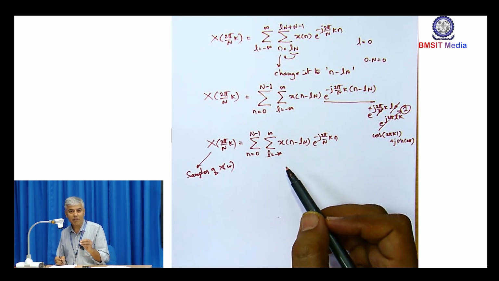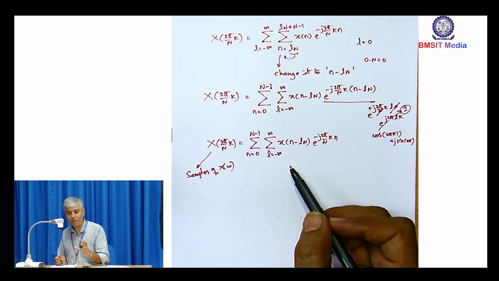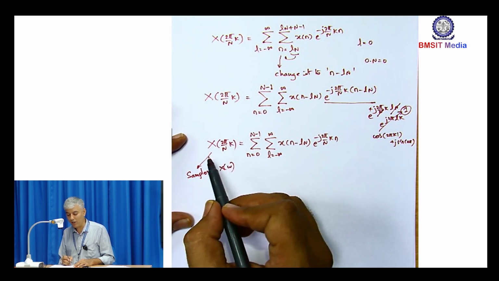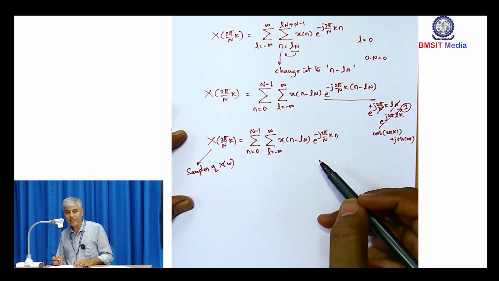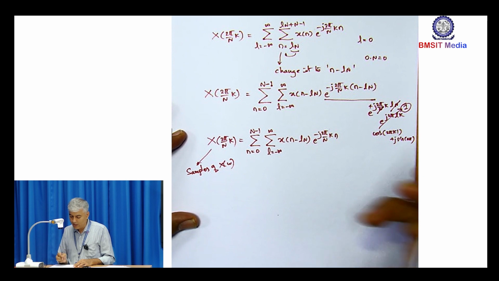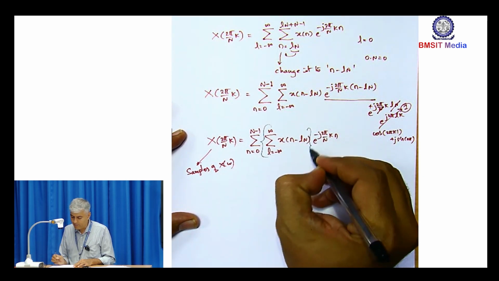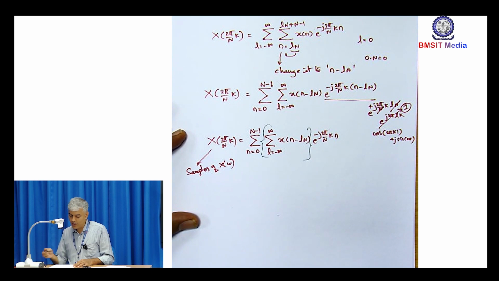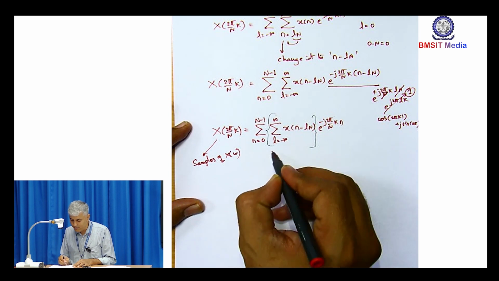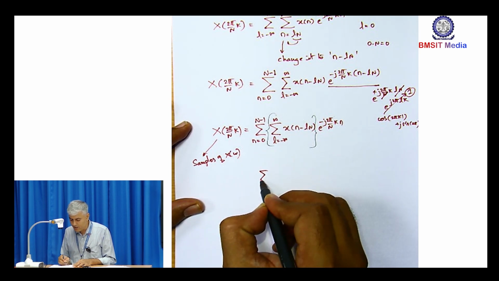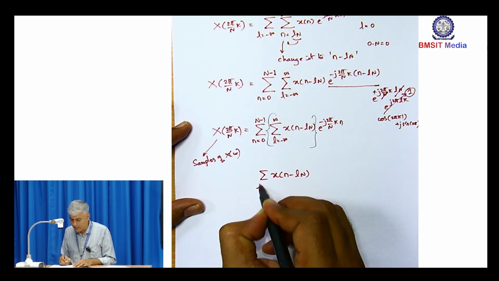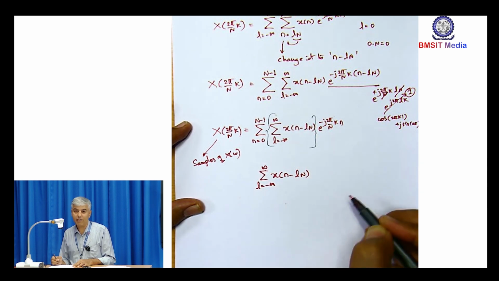So it can be say 5th or 6th or 7th or 20th or 500th and so on. But one interesting thing has happened on the right hand side. I want you to pay attention to the term in the bracket, which you can represent as summation x of n minus lN, L equal to minus infinity to plus infinity, right.